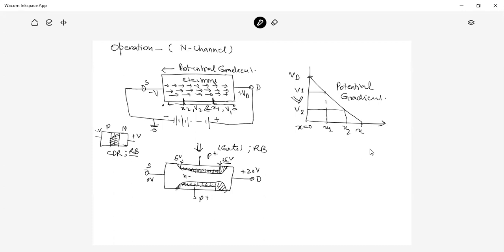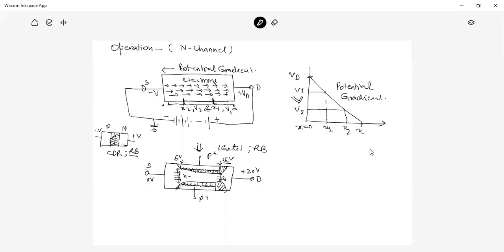So if depth is increased, then the passage will decrease. This is the way in which electrons can flow. Here the passage is large. So at this 5 volt, the passages are high, more electrons are flowing. Here the passages are small, so fewer electrons are flowing.